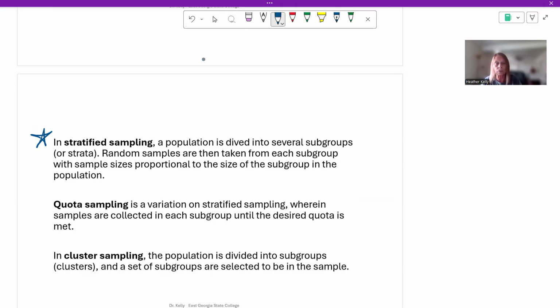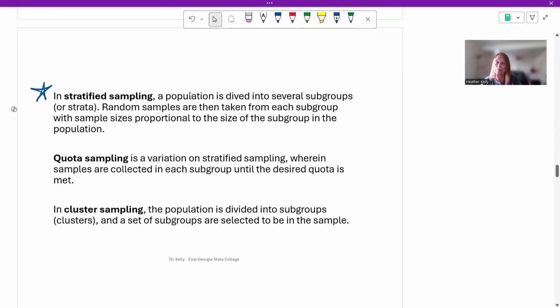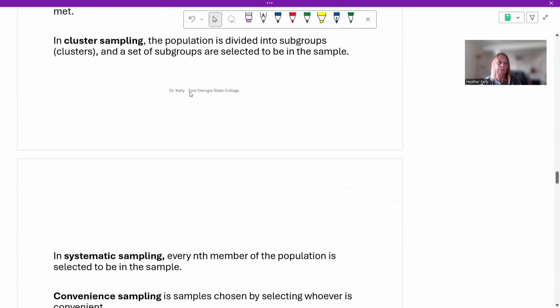Cluster sampling is where the population is divided into clustered groups or subgroups, and a set of the subgroups are selected. It might sound very similar to stratified, but I guarantee you that there is a lot of wiggle room in cluster sampling.